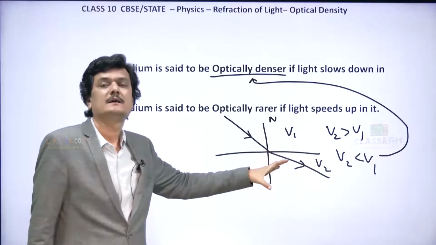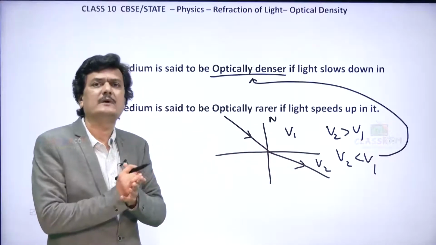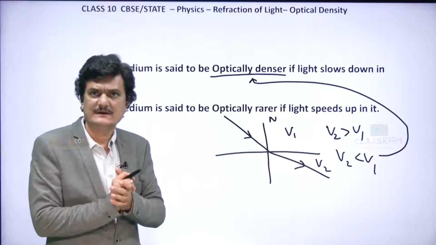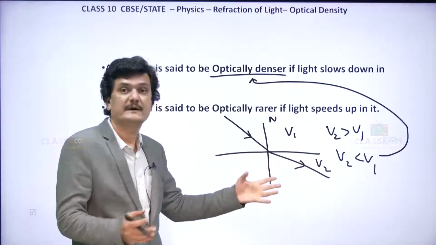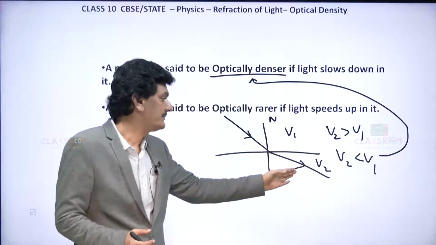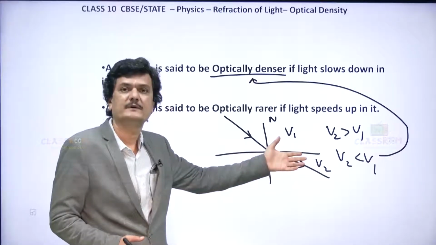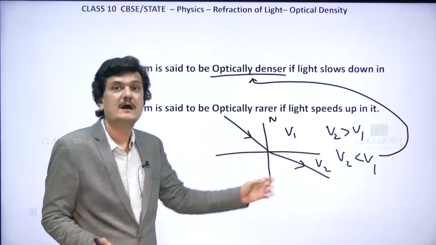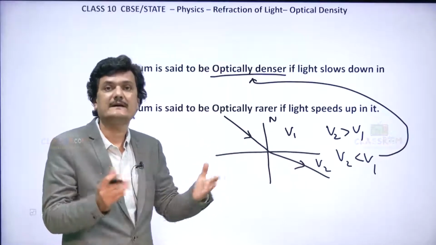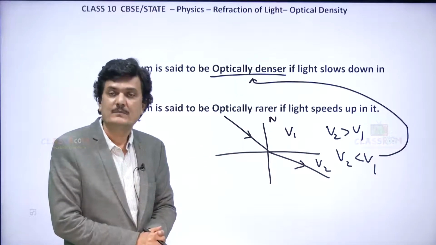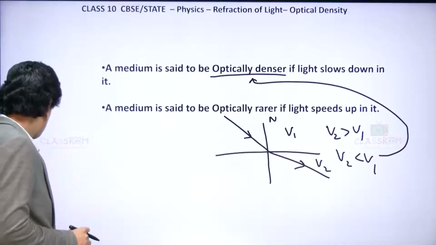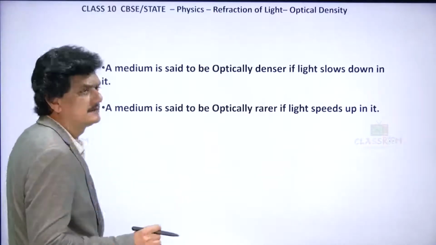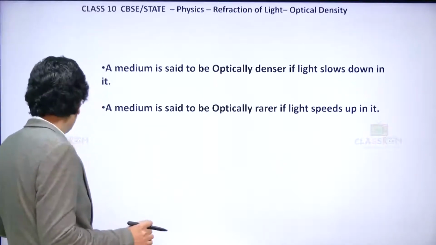It is significant that we compare the densities, meaning the optical density of the second medium with respect to the first and vice versa, because that will determine the direction in which the light ray bends. Everywhere, the direction of bending and the amount of bending, optical density will control everything.